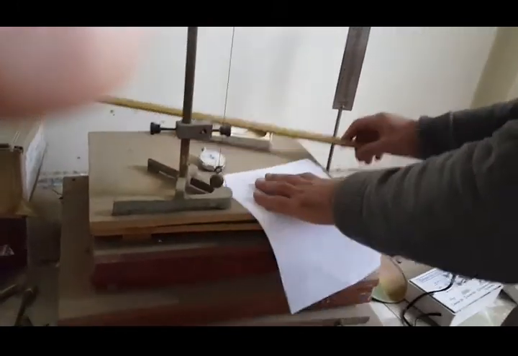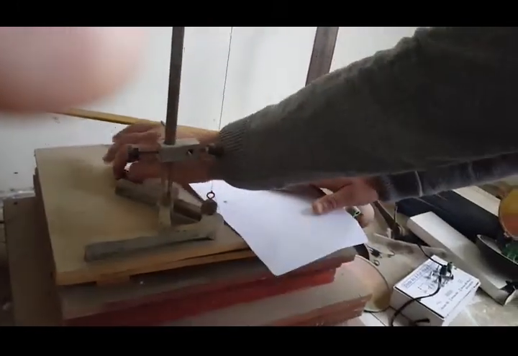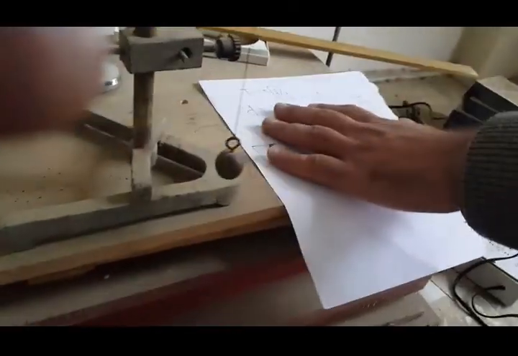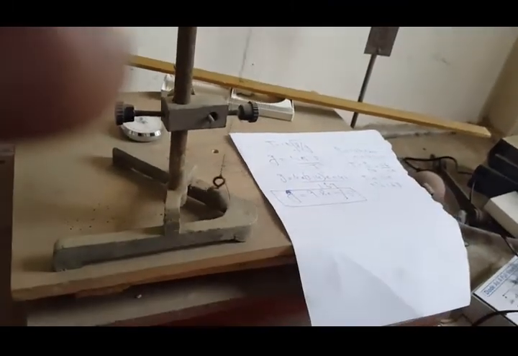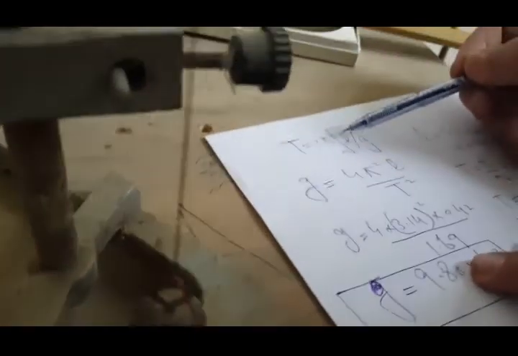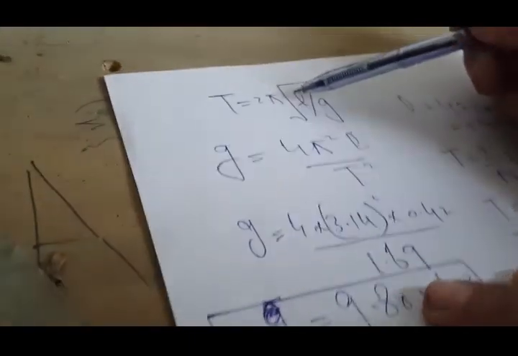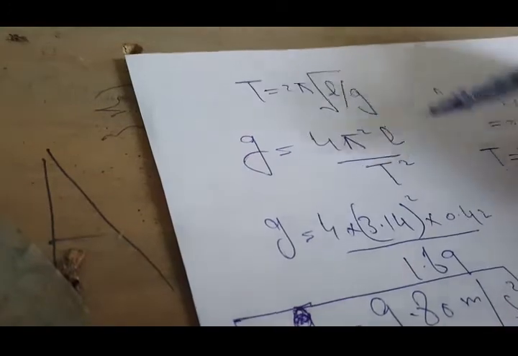Now let's focus on this paper. You people already know that the time period of a simple pendulum T is equal to 2π√(L/g).